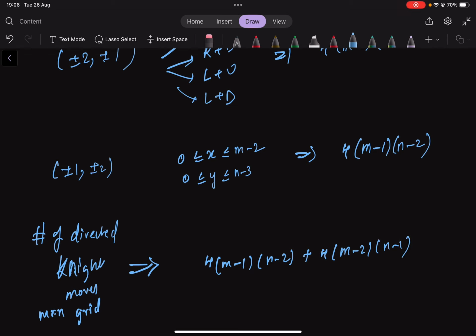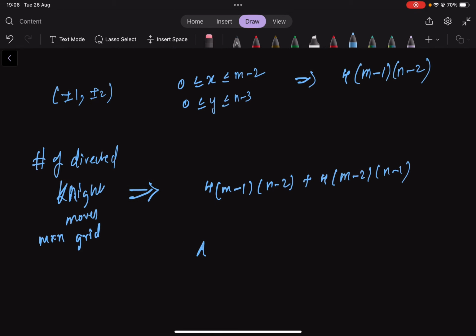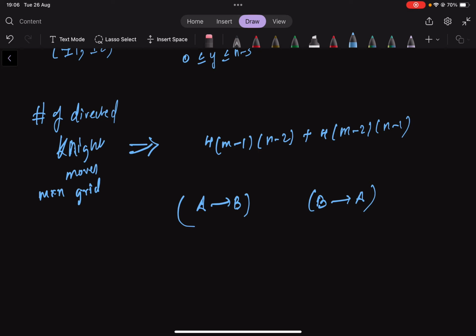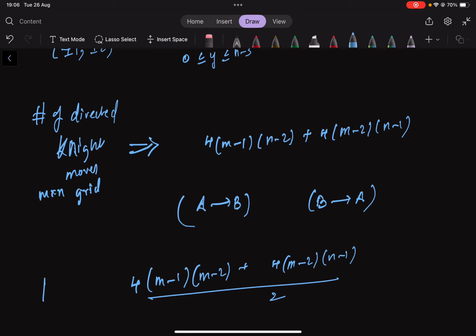Now each knight move has a partner. Suppose if A to B is a move, it will also have a partner B to A. We want unordered pairs. So the number of unordered pairs will be 4 times m minus 1 into n minus 2 plus 4 times m minus 2 into n minus 1, divided by 2, because ultimately we're interested in the knight moves.